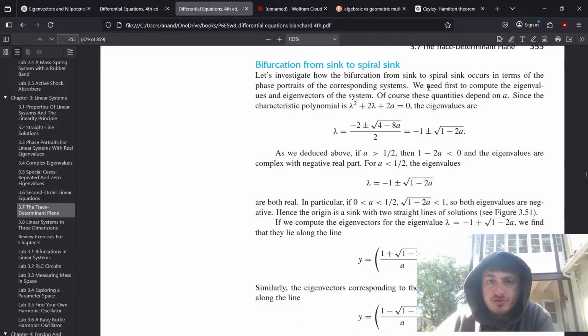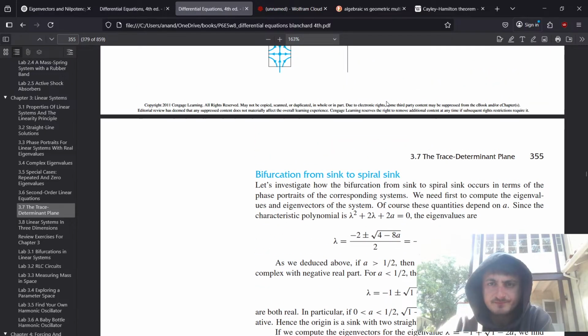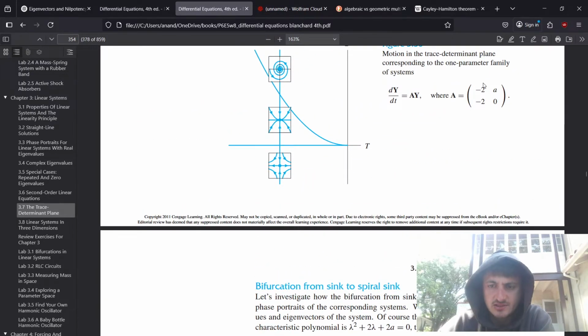We need to first compute the eigenvalues and eigenvectors of the system. Of course, these quantities depend on A, since the characteristic polynomial is lambda squared plus 2 lambda plus 2A.